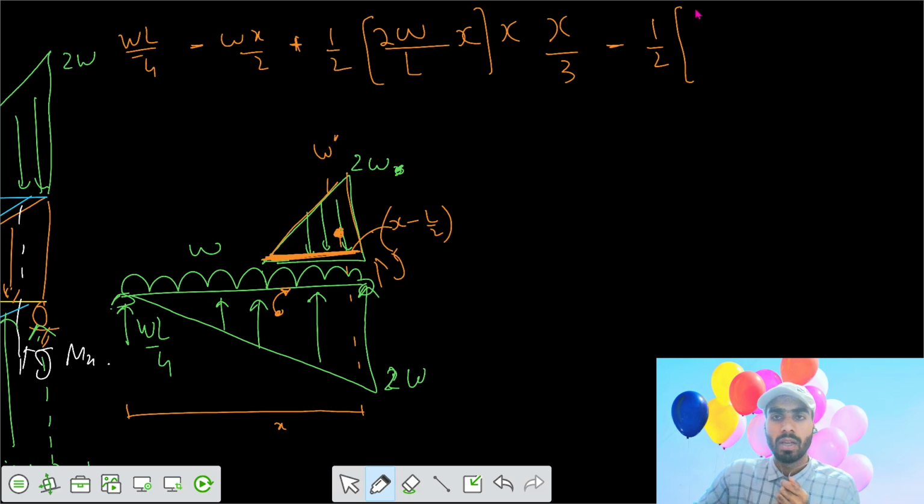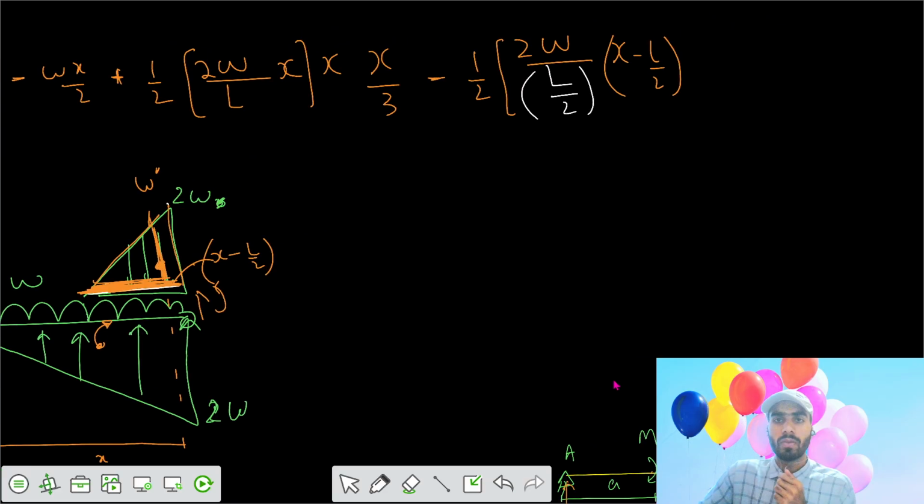W dash is 2W per change in length, and it changes from 2W to 0 in length L by 2. We need the intensity at x, so we need this length, x minus L by 2.